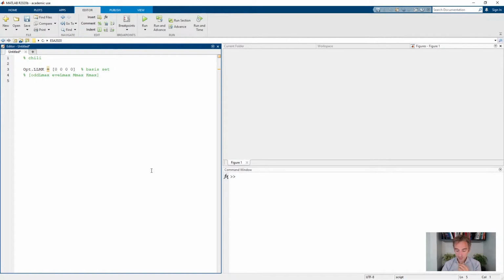And as a consequence, they also depend on 3 parameters, L, M, and K. So a typical Wigner function depends on L, M, and K, and L can be any value starting from 0, 1, 2, 3, and so on. M can be 0, or it can be plus minus 1, all the way up to plus minus L. And the same applies for K. Let's write it out: 0, plus minus 1, all the way up to plus minus L.